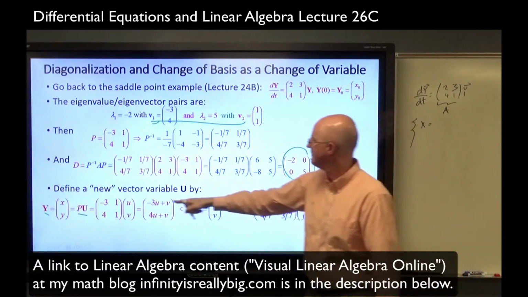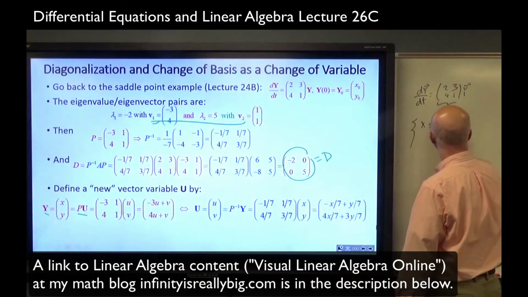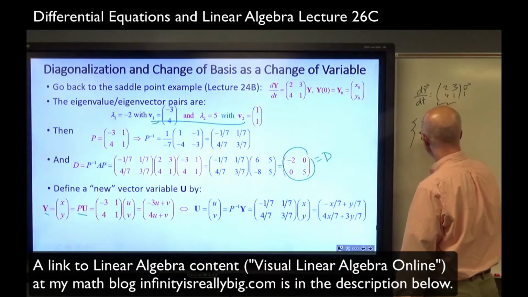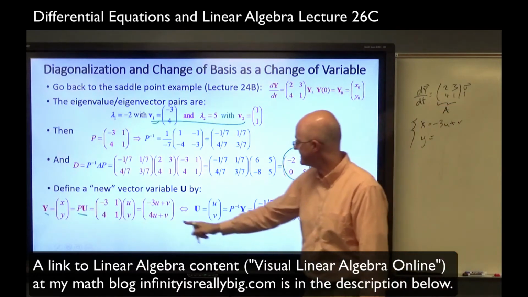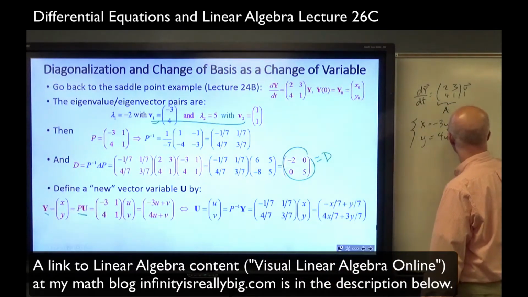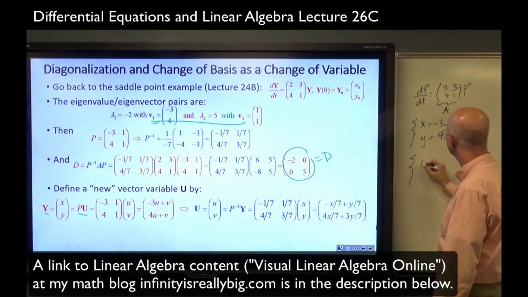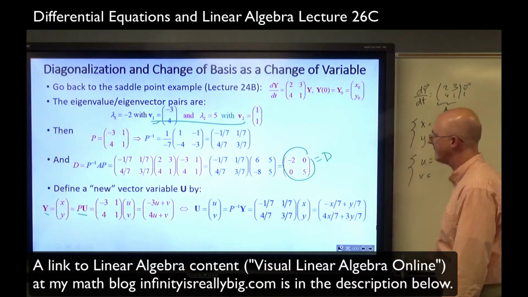X, by this line, is going to be negative 3u plus v. And y is going to be, by this line here, 4u plus v. The other equation defines the inverse transformation, u and v in terms of x and y.